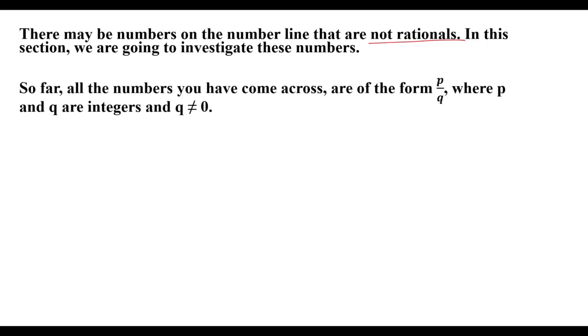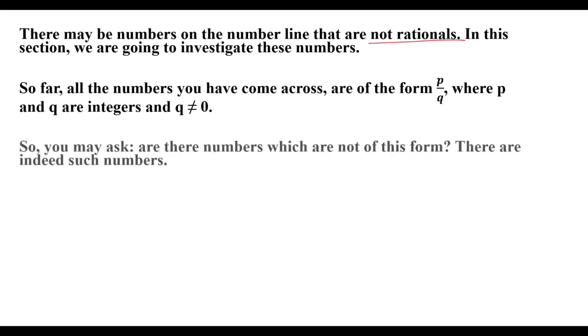So far you know the numbers that are in the form of p by q, where p and q both are integers and q is not equal to 0. So you may ask, are there numbers which are not in this form? That means the numbers which are not in the form of p by q, where p and q both are integers and q is not equal to 0.